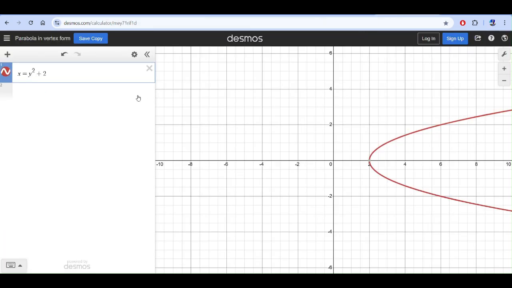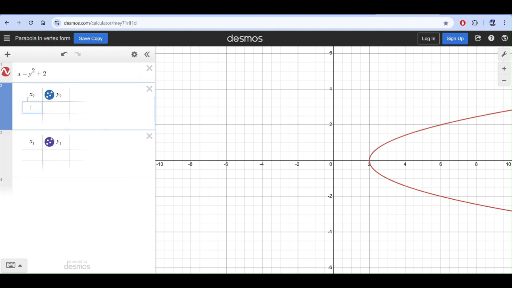If you ever feel like you need something here from Desmos and you want to get some points to plot, there's a way to create a table. Hold on. How do I create a table? I don't remember.